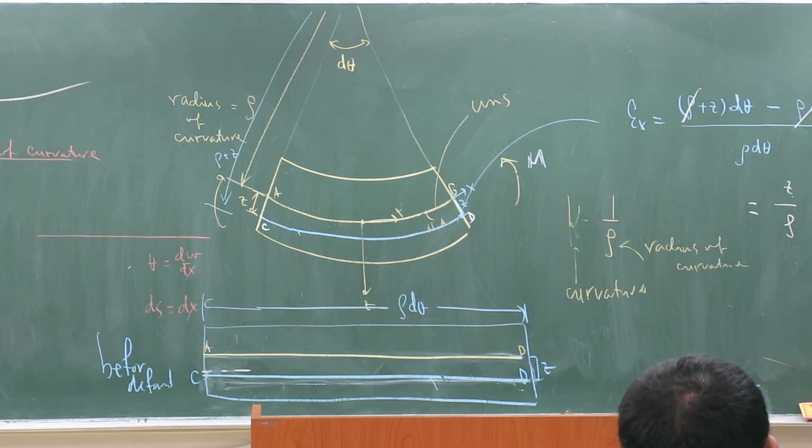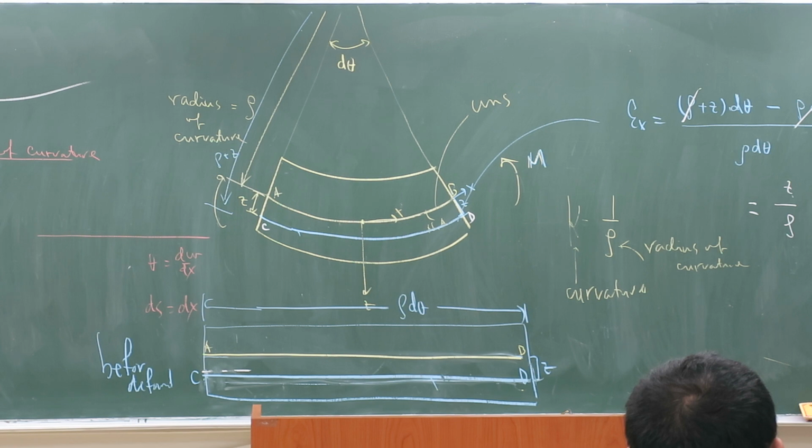So the strain is z times curvature. This is from geometry. So no matter nonlinear or linear, strain is z times curvature. Even in concrete RC design, plasticity design, z times curvature for any deformation. Curvature times the location from the neutral axis, that would be the strain.